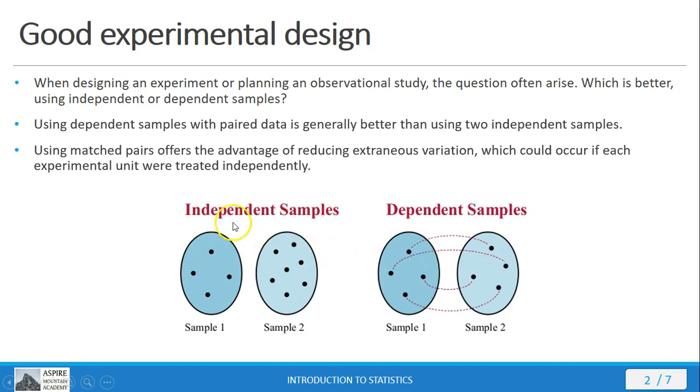Whereas with independent samples, you've got no real relationship between individual data points in each of the samples, and therefore you could have any sort of relationship between any two data points, and that leaves more room for more variation.